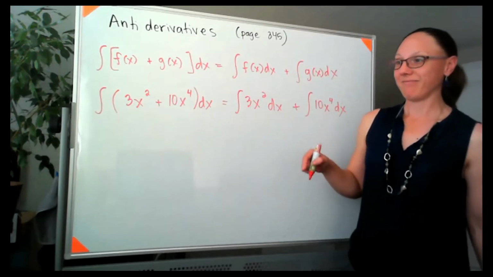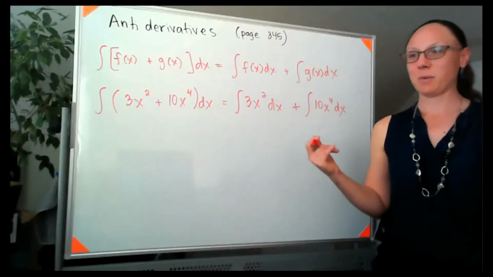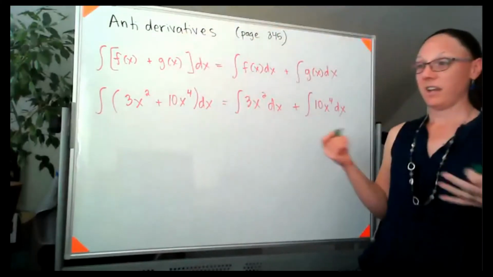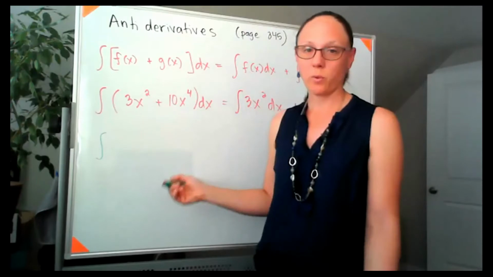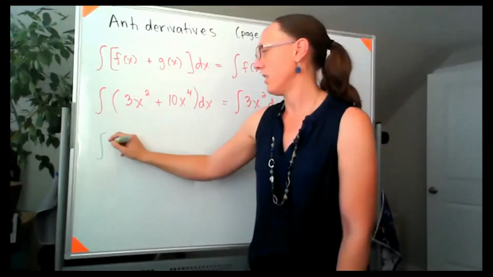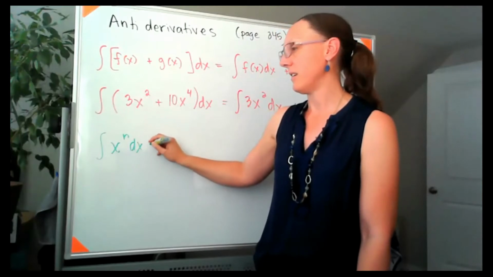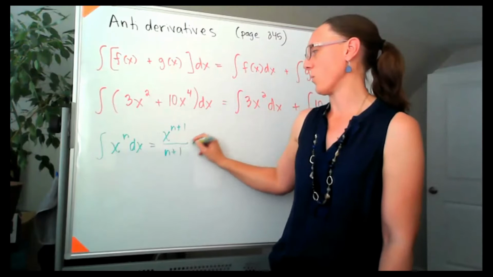Which leads me to the next piece of this, which is as a formula that looks way worse than it is to use, the integral of x to the n dx is equal to x to the n plus 1 over n plus 1 plus c.